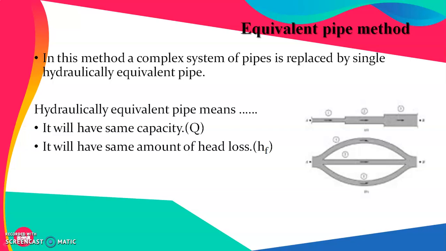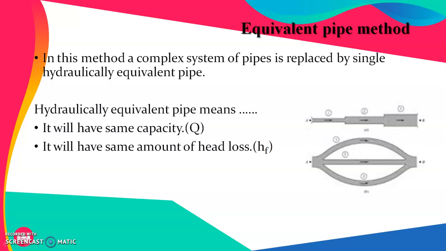It means that total flow to be carried out by an equivalent pipe equals the flow to be carried out by either a set of pipes placed in series, or the set of pipes placed parallel as shown in the figure. Along with that, it will have the same amount of head loss caused because of this flow in the whole system it is going to replace.